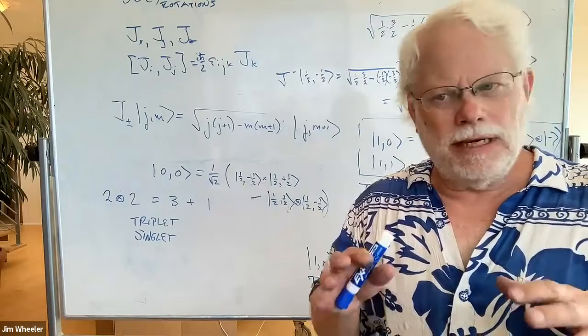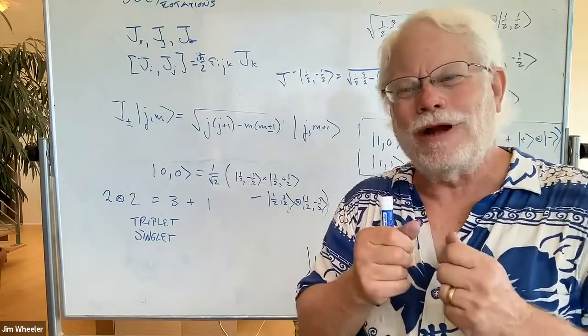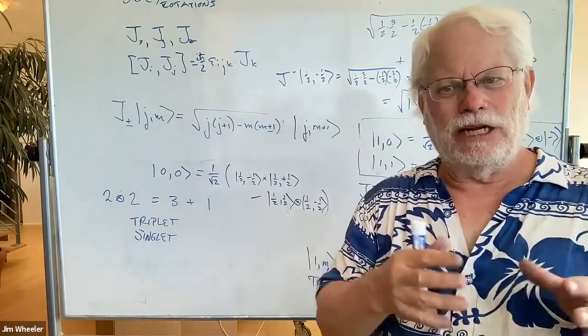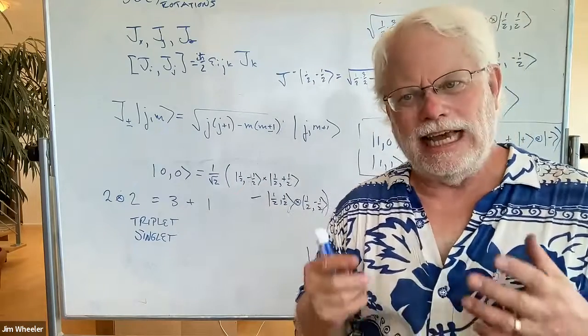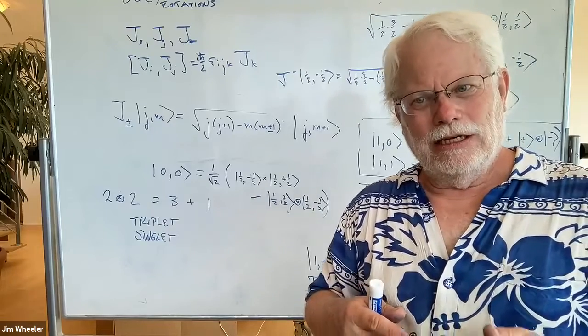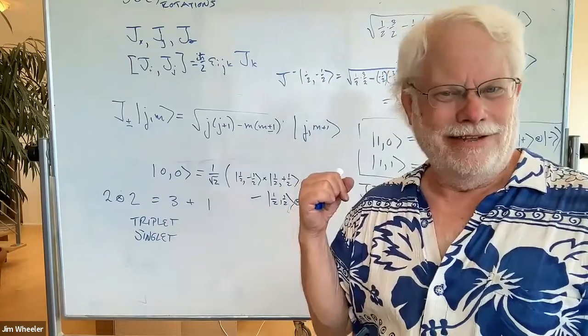Now, a symmetric wave function puts the electrons in closer proximity on average than an antisymmetric spatial wave function, which means the antisymmetric spatial wave function will have lower energy. So the lowest energy state of helium is the triplet.